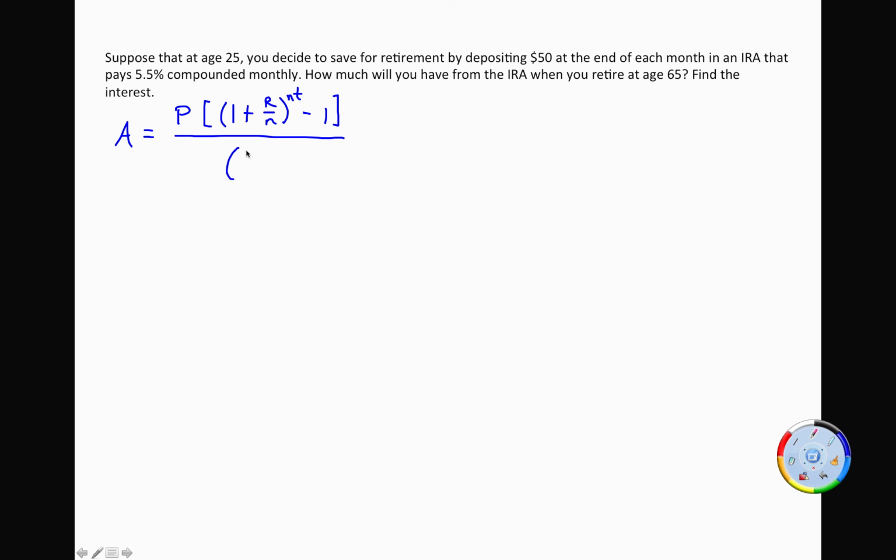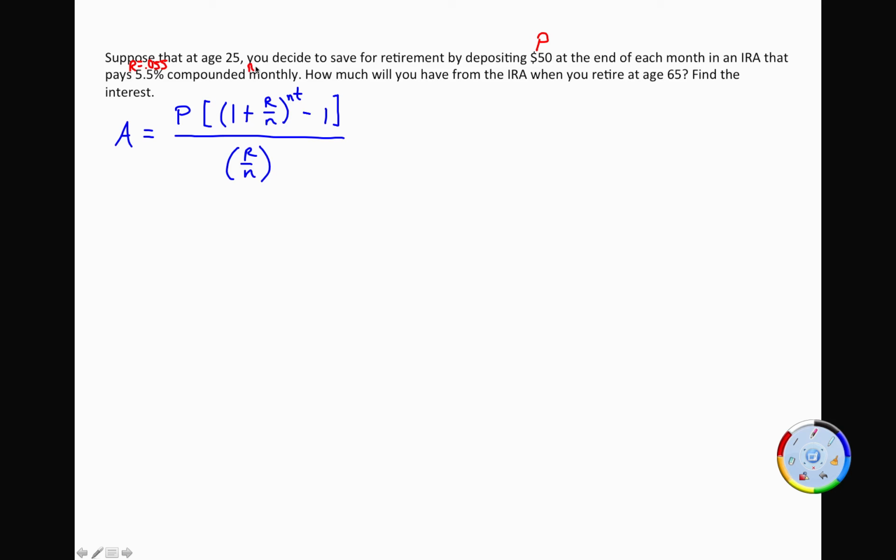All right. Now I have to figure out what my P, R, N and T are. I'm depositing $50 at the end of every month, so that's my principal. That's my periodic deposit. Pays 5.5%, so that's my interest rate as a decimal, 0.055.